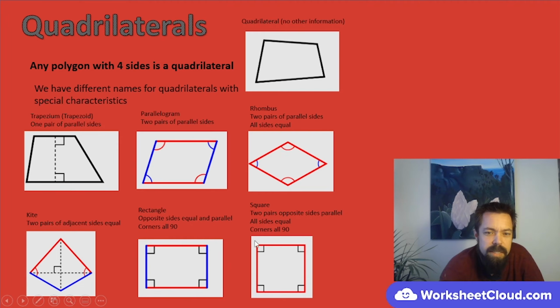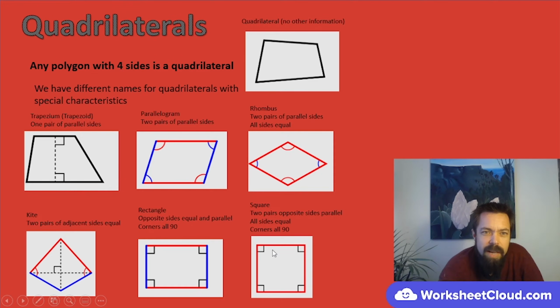The only difference is that in this one we have long sides and short sides, and in this one we have all the same length sides. Otherwise, they're the same. And these two are related because this one has all the same sides and they're parallel, and this one, the only difference is it now has the 90-degree corners.